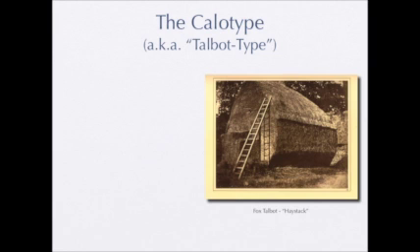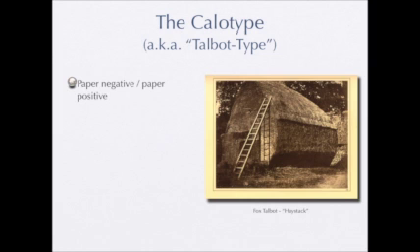So the calotype, also known as the Talbot type, as we learned, right? Known as the Talbot type because initially when Talbot heard about Daguerre's announcement of the invention of photography in Paris, he said, wait a second, I've been doing these same kinds of experiments myself, and rushed to get his experiments together and deliver his results to the British Academy of Science. He called it the Talbot type, because Daguerre had called his the Daguerreotype, but then ultimately he became a little more humble and called it the Calotype, or beautiful picture, beautiful thing.